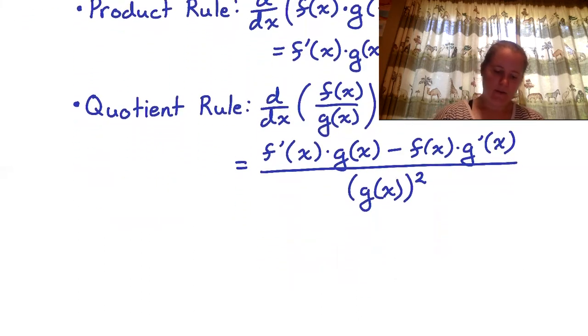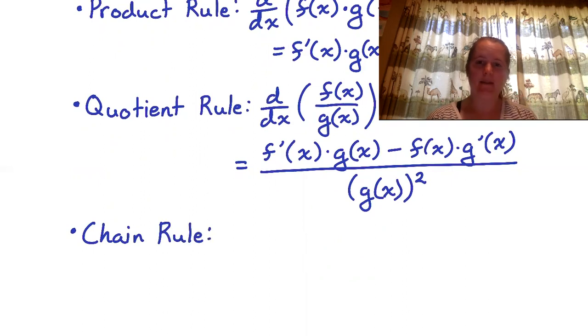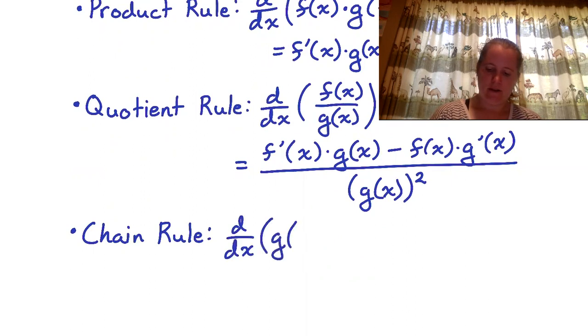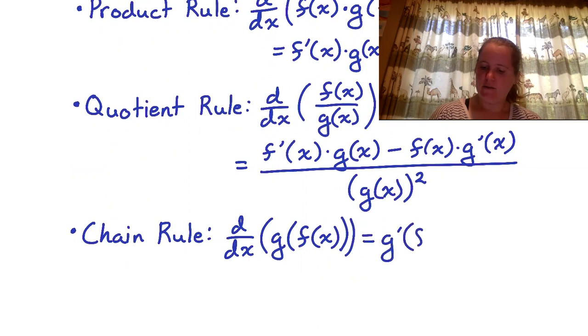We had our chain rule, which we have seen in a few formats. If we wanted to take the derivative of g of f of x, we did the derivative of g with respect to f of x times f prime of x.